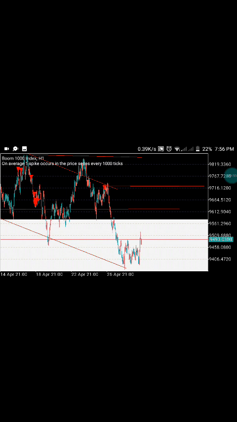the uptrend, because it has given us a confirmation from this level, and you see the market has started moving on the uptrend. So once it breaks these support areas, we know that the market is moving on the uptrend to this level. We don't know what the market might say at this level. It might break it and keep on moving on the uptrend, or it might come down a little bit before it takes another uptrend.